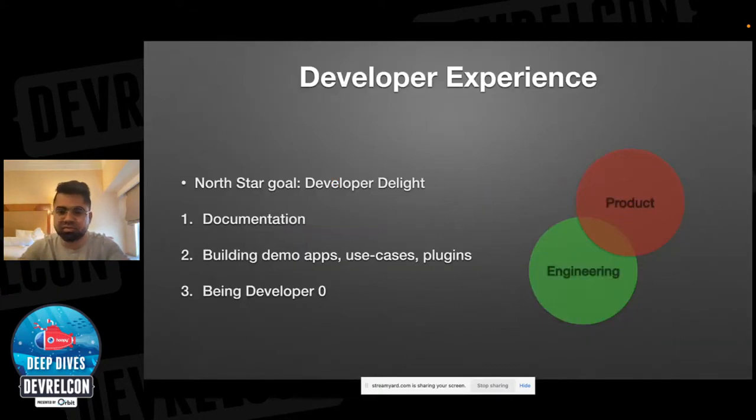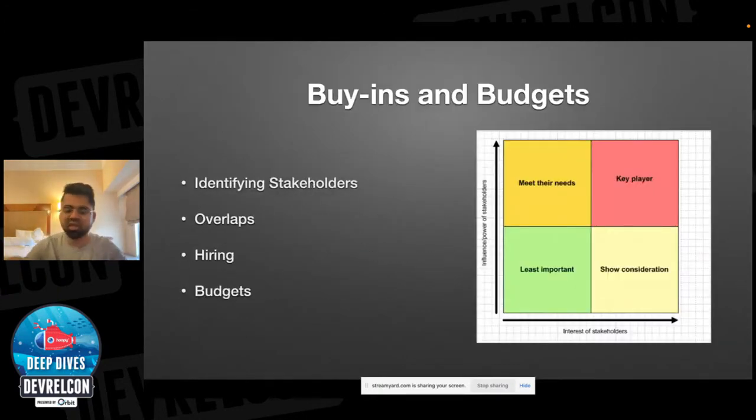And once you find the overlaps between all of these things, you could say, here is what I've heard from all of you, here are the overlaps that I've found, and I'm going to work with all of these overlaps. Here's the budget that I require for it, here are the people that I need to hire.